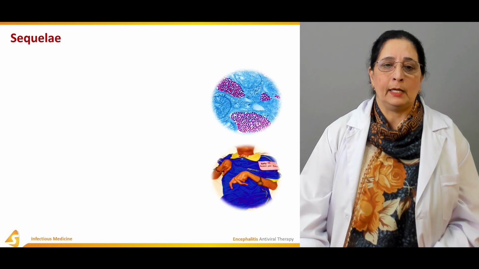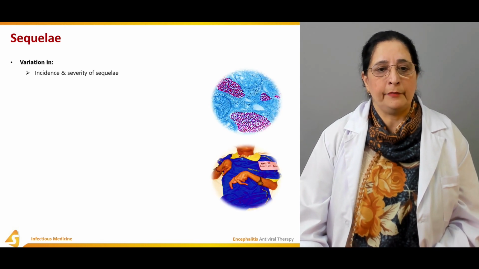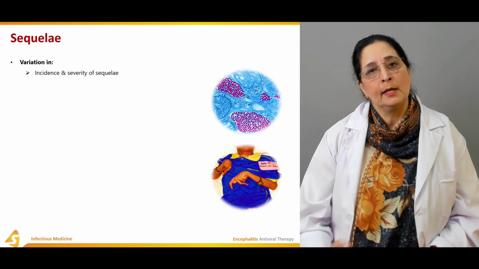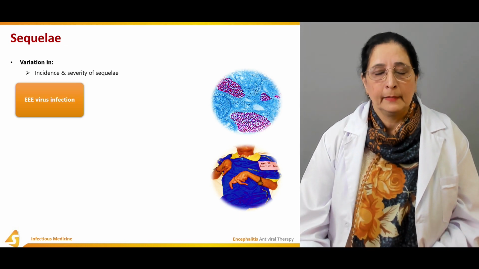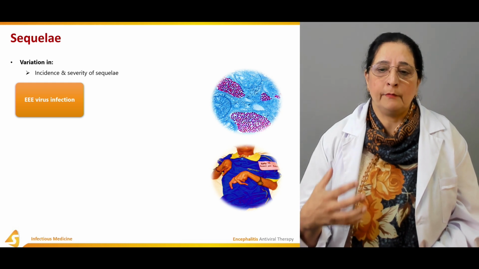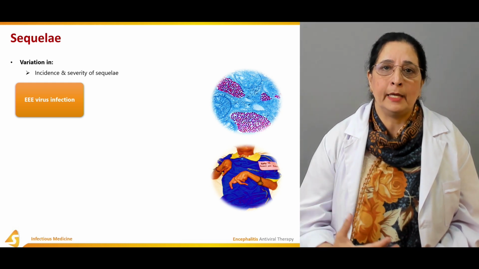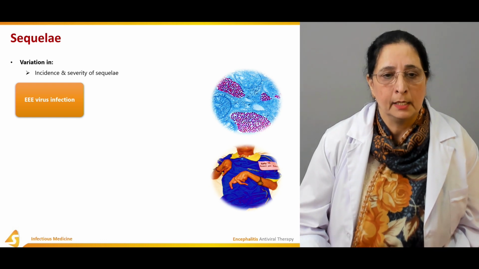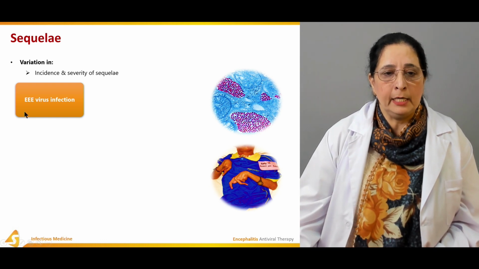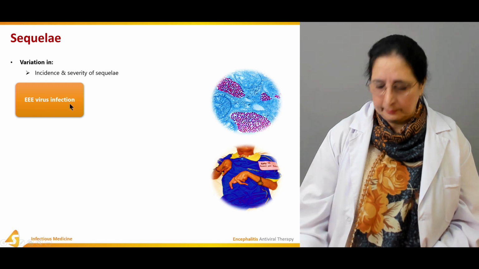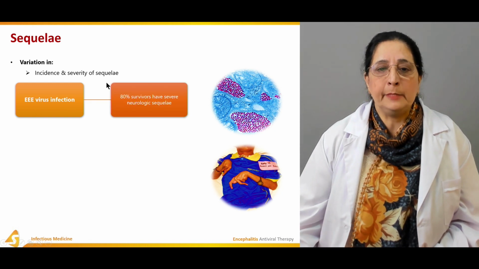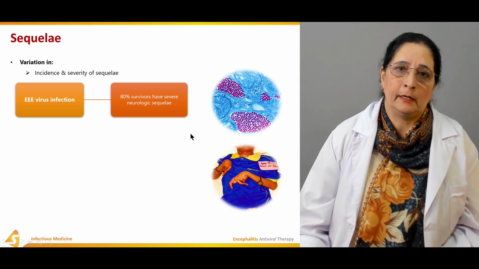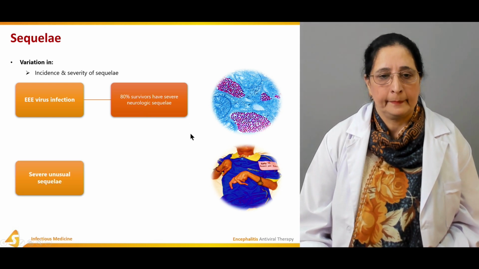Now the sequelae of this: variation in incidence and severity of the sequelae occurs, that is, how the patient will present later on or how different complications can affect the person. With EEE virus infection, 80% of survivors have severe neurological sequelae.